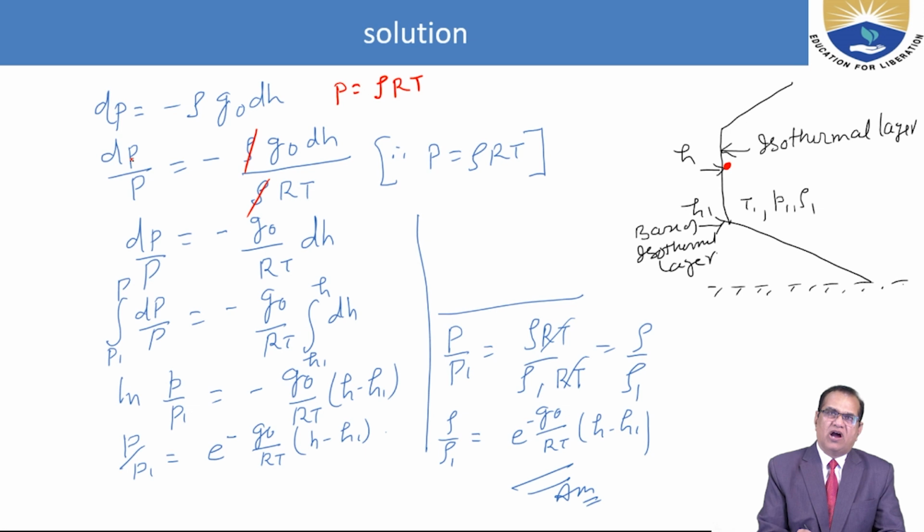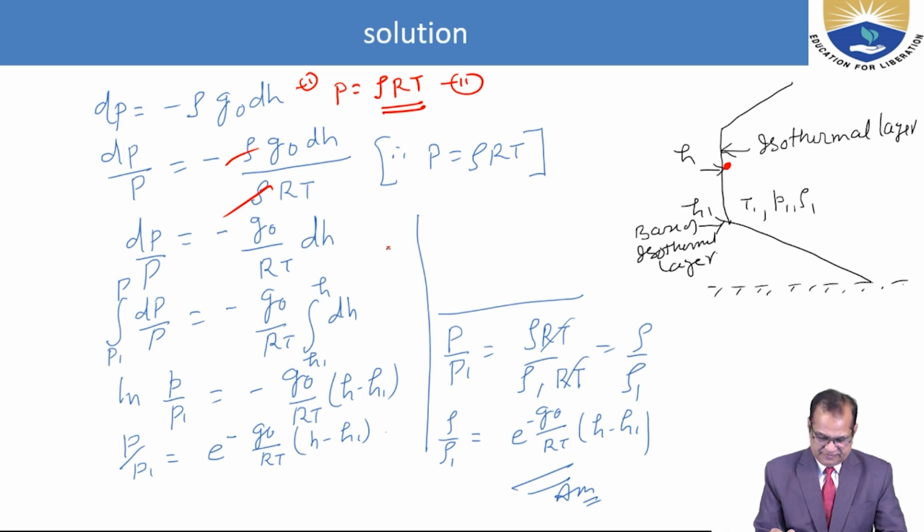After this division, dP by P is equal to minus rho g0 dh divided by rho RT, so rho cancels, and dP by P is equal to minus g0 by RT into dh.